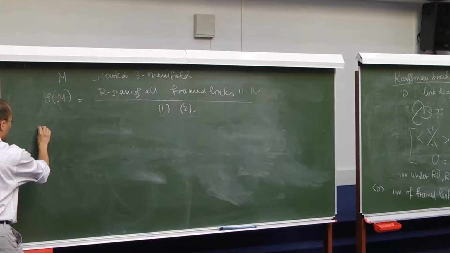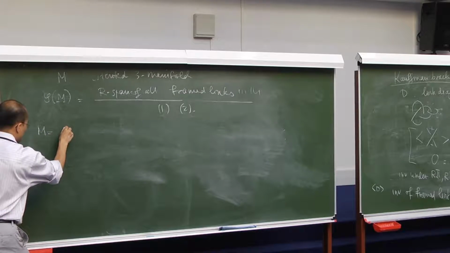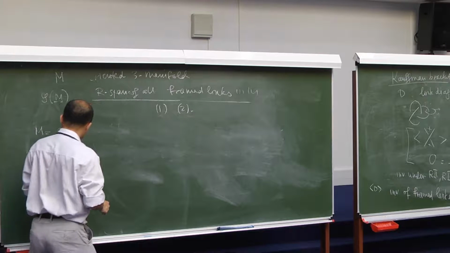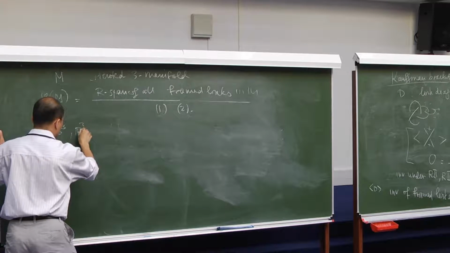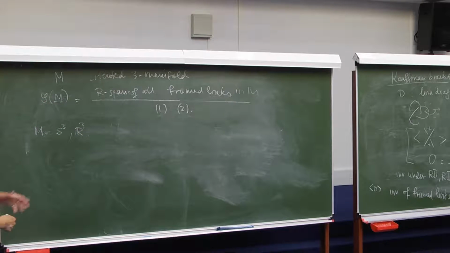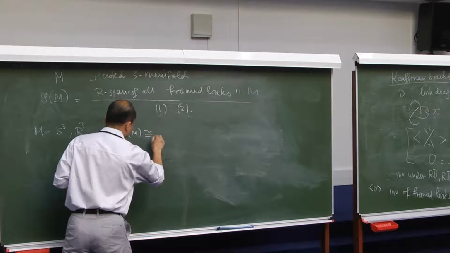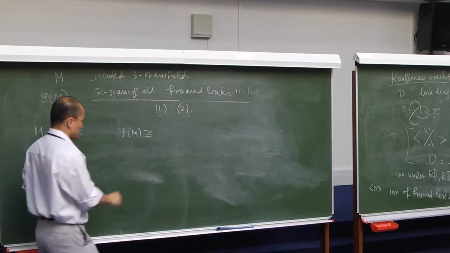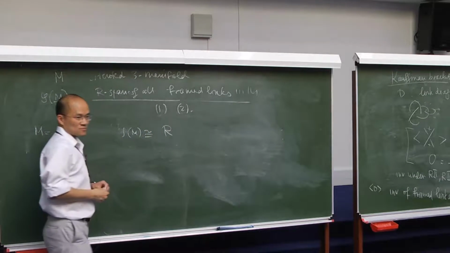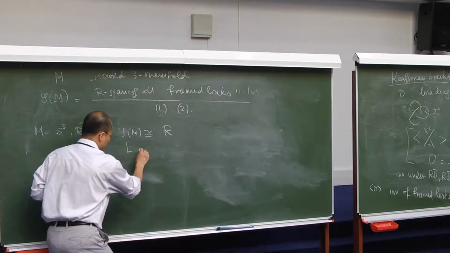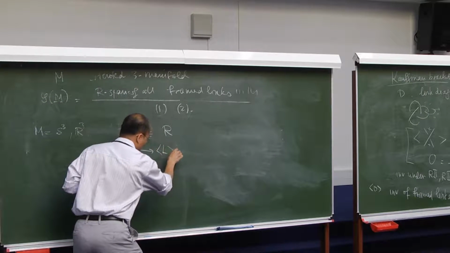So for example, if M here is S3, or maybe R3, then this S of M here is just isomorphic to the ground ring. Every link in M is mapped to exactly the bracket of it.